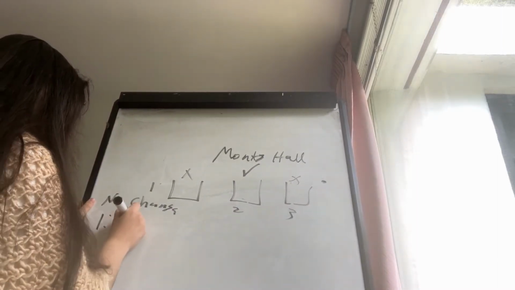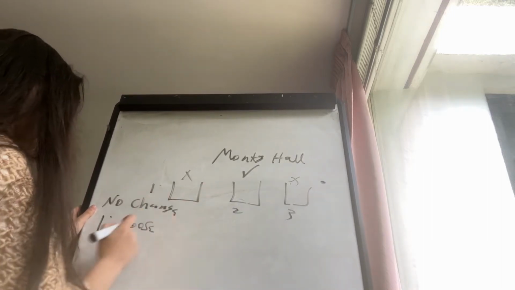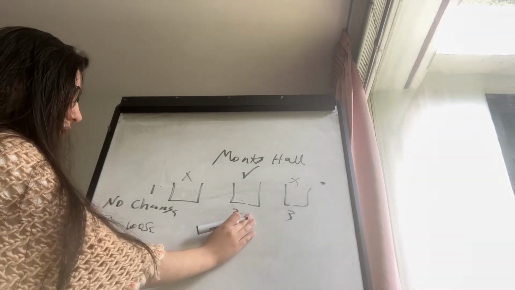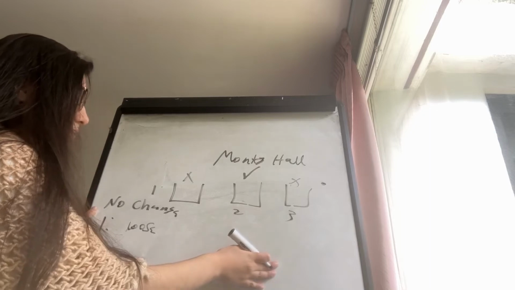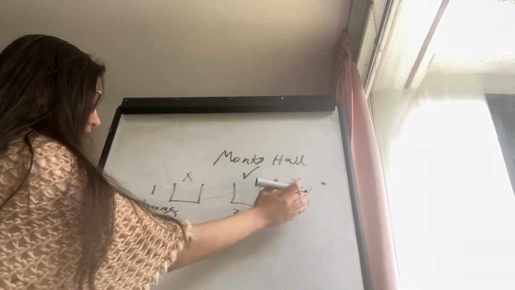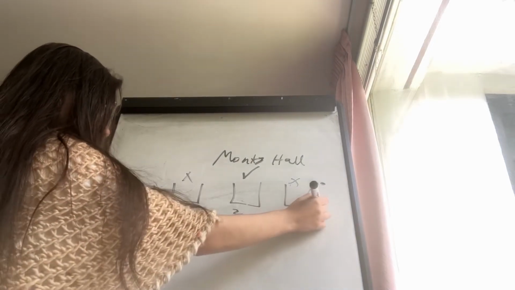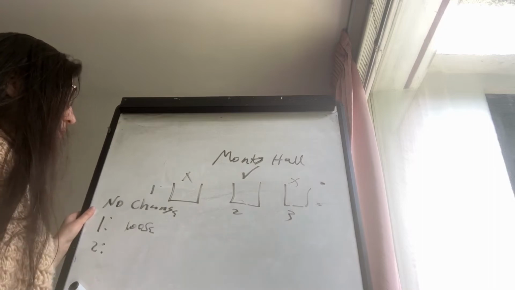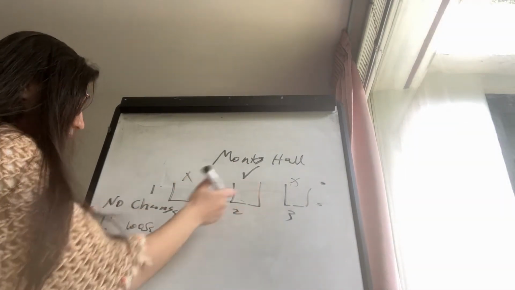So here is lose. And then if the player selects box 2, or door 2, the person running the game will show either of these, whichever it may be. Let's say this. The player again will stay with this option, and so the host will show this, and it shows that the player wins.